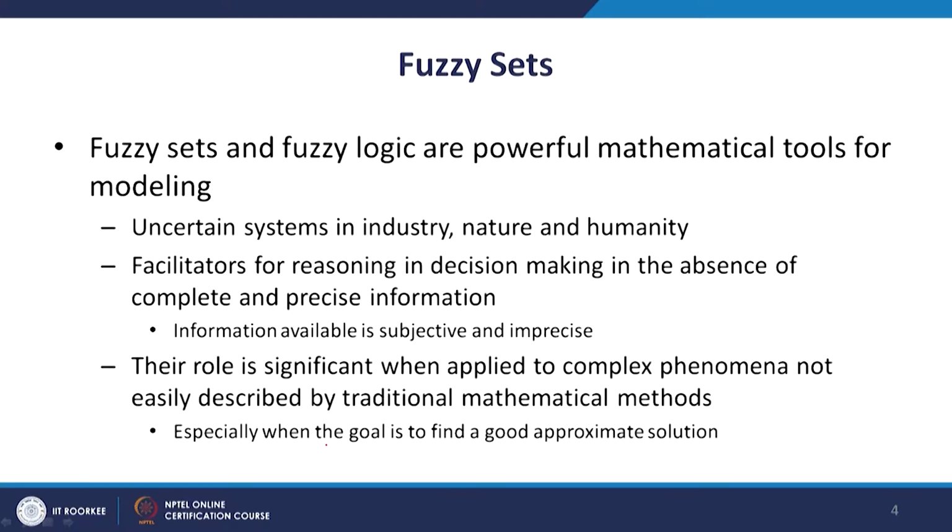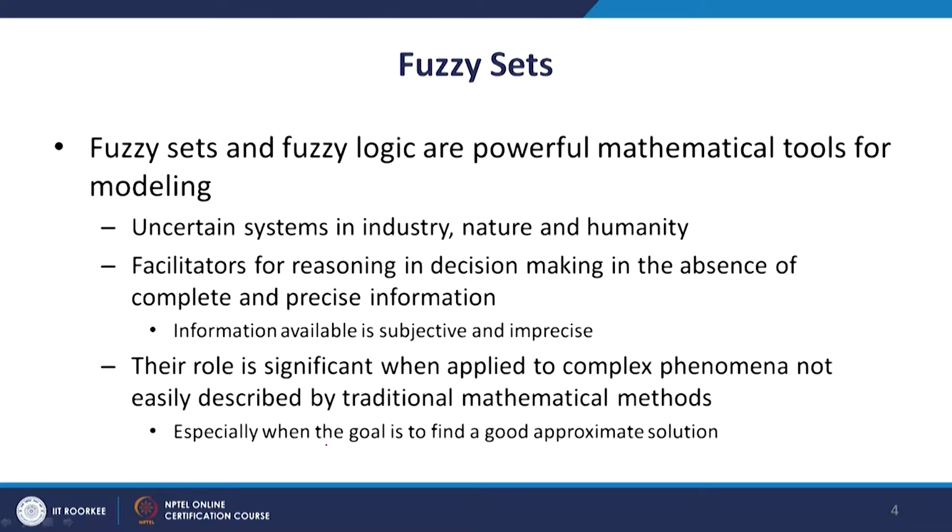To talk more about fuzzy sets: fuzzy sets and fuzzy logic are a powerful mathematical tool for modeling, for example, uncertain systems in industry, nature and humanity. There fuzzy sets and fuzzy logic can be applied.